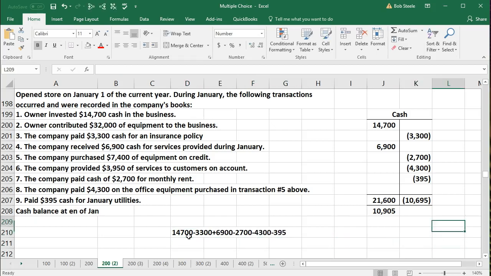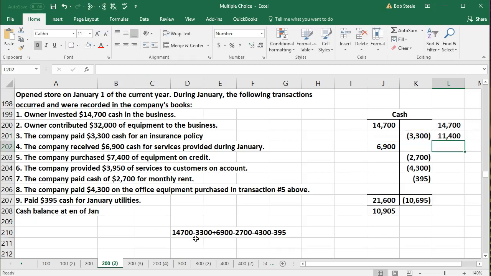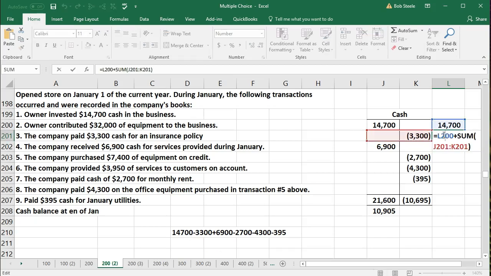That same concept is doable with a running balance, which is just the beginning balance, when we would then take the prior balance plus what happened, and that's going to be, in this case, adding the debits, subtracting the credits. If you have credits in there as brackets, then it'll do that for you, and then that'll give us a running balance.